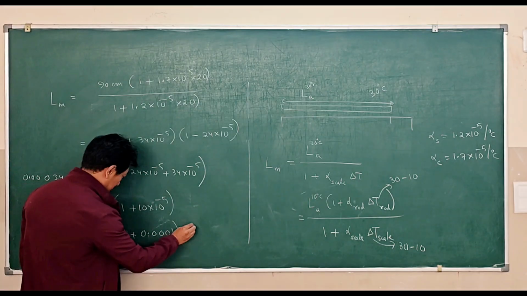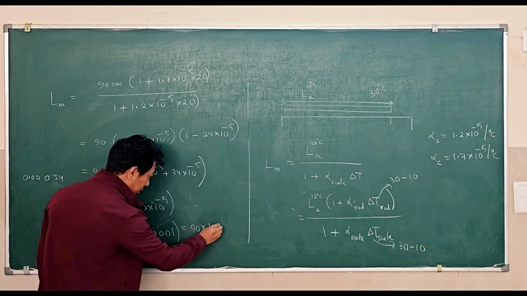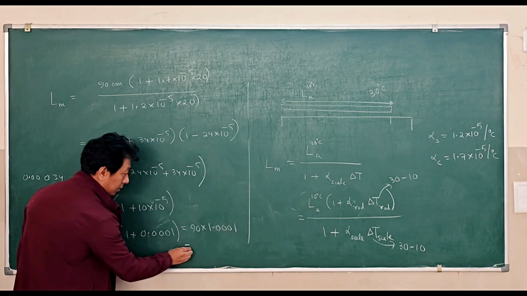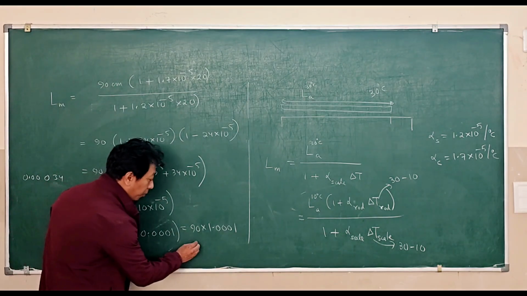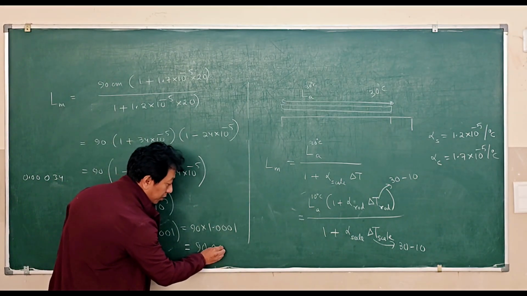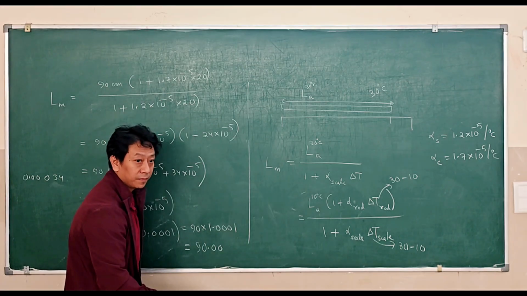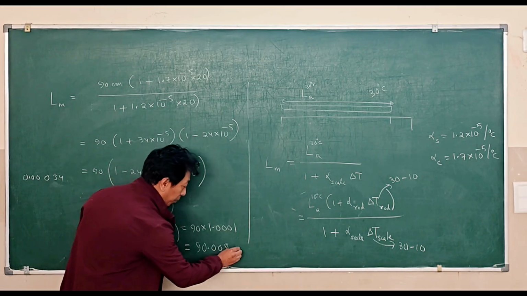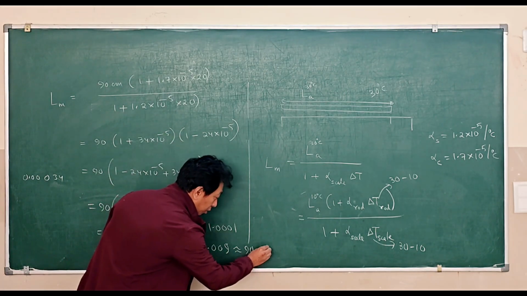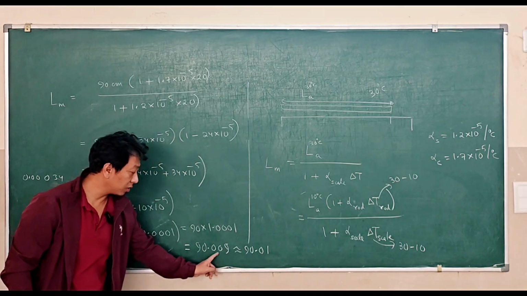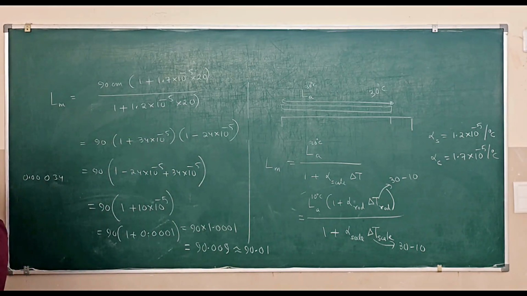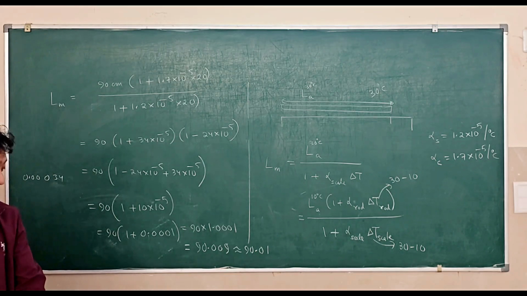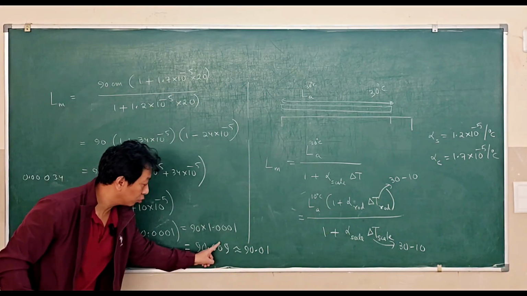That will be 90 into 1.0001. 90 into this will be what? 90.009, which is approximately 90.01, because 0.009 is close to 0.01. Did you see? So it will never reach this big number. The other two options, no chance.